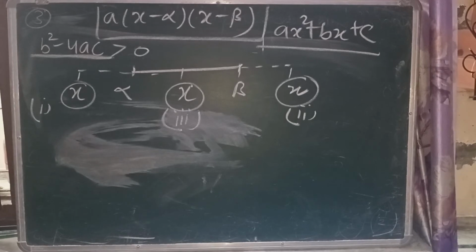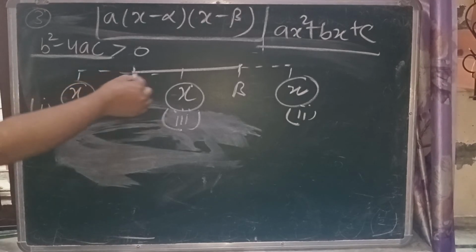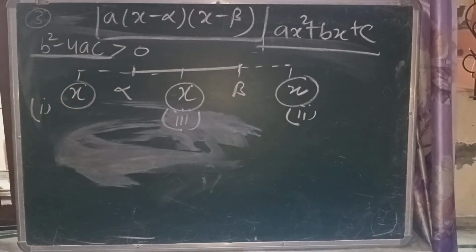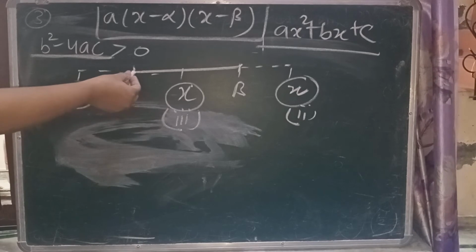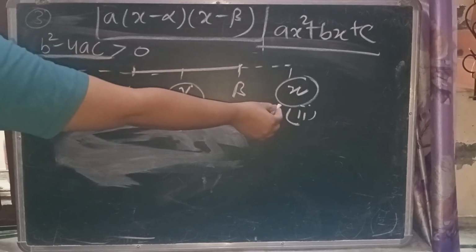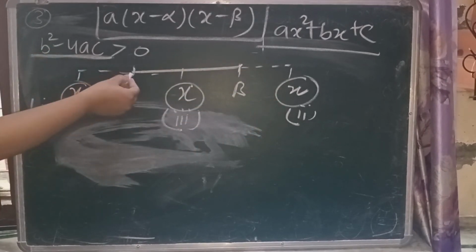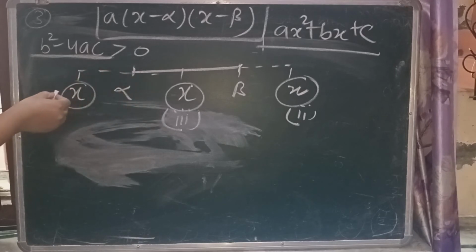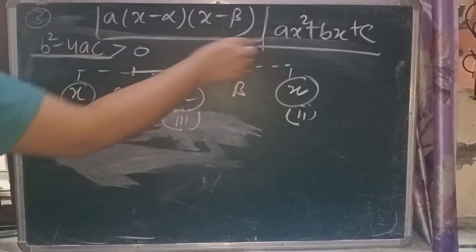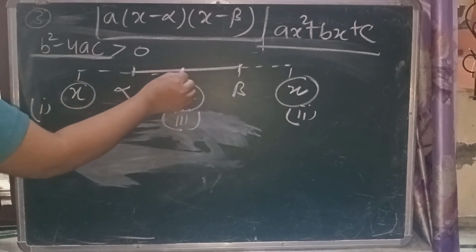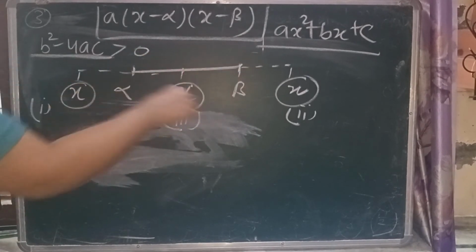So here alpha and beta are the two roots. Three conditions are there. First condition, when x is less than alpha and beta; second, when x is greater than alpha and beta; and third, when x is in between alpha and beta.